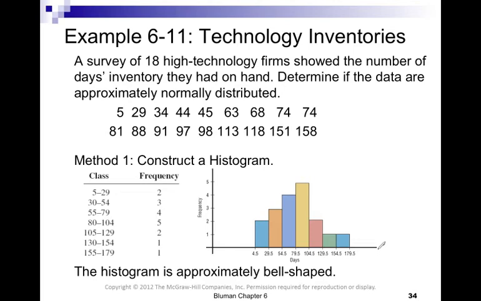And you can see here that this is pretty bell-shaped. It's unimodal. Okay. It's got a pretty good bell shape. There seems to be a little skewness here, perhaps. But is it enough to make it where we can't use the standard normal distribution? Well, we have to figure that out. And so you can construct a histogram and look at it.